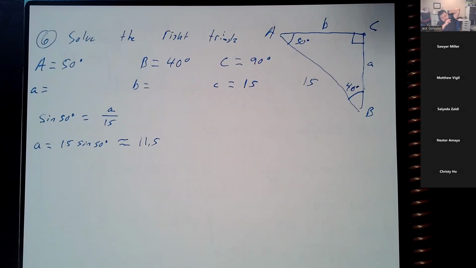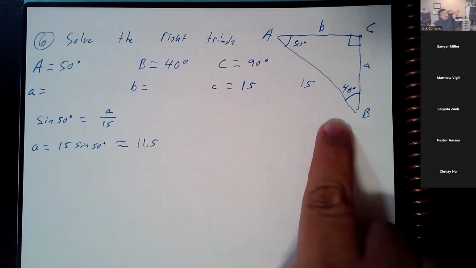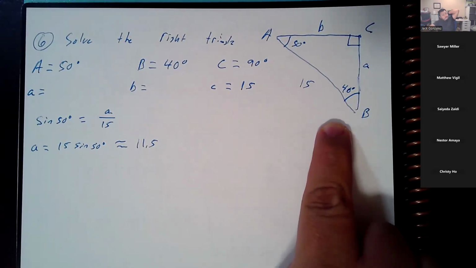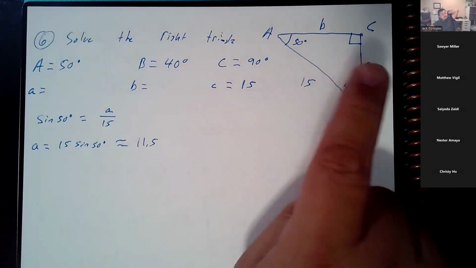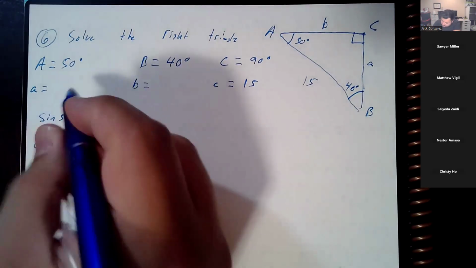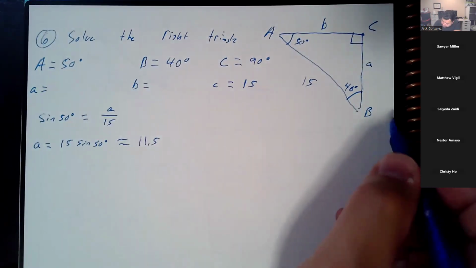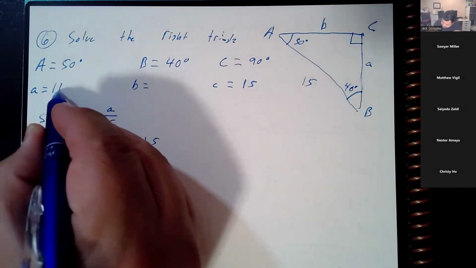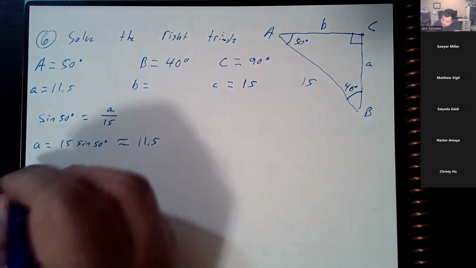Let's see if we're using the 40. We could use tangent because it'd be opposite over adjacent, and we have the adjacent, right? Adjacent relative to b. We can.